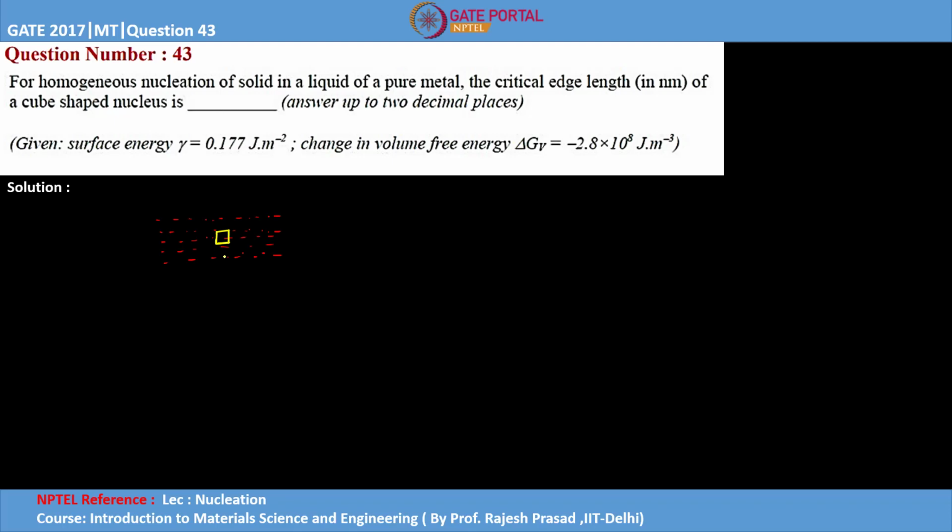There are basically two things happening. The first thing is the creation of solid surface, which is a new surface inside a melt pool, which will be giving rise to the surface energy. And the other thing is due to liquid to solid transformation, there will be a release of volume free energy, which is given here in this problem.